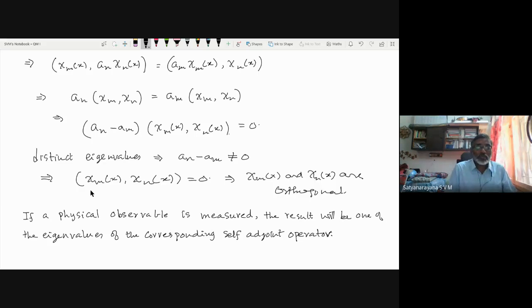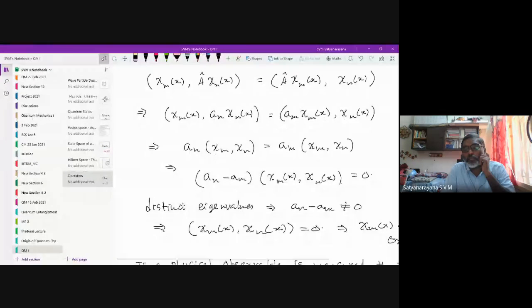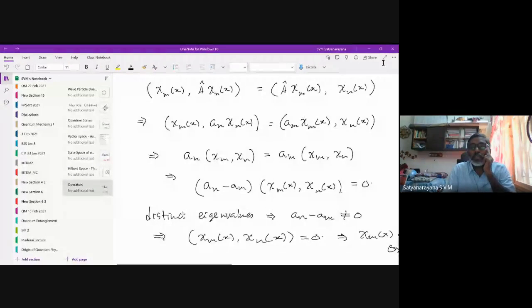So we will not know how to understand or interpret that result. So it is better our theory is constructed such that the measurement results are always real numbers, and that is the correspondence between the elements of theory and the physical reality. So this is the correspondence.